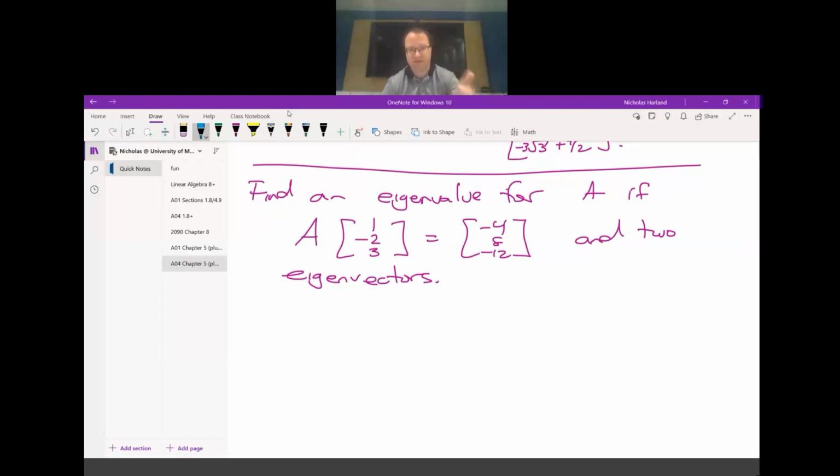If A times this vector is equal to this other vector, what is the eigenvalue? -4. Where are we getting -4 from?